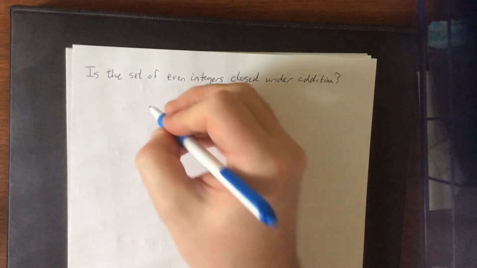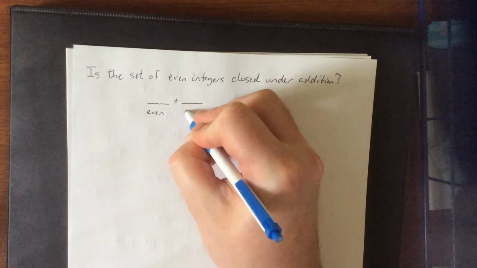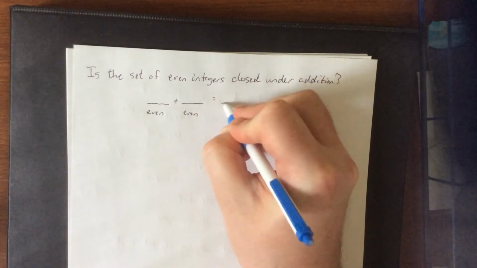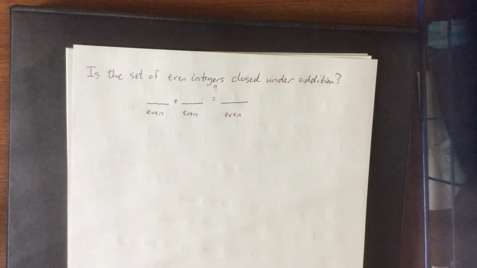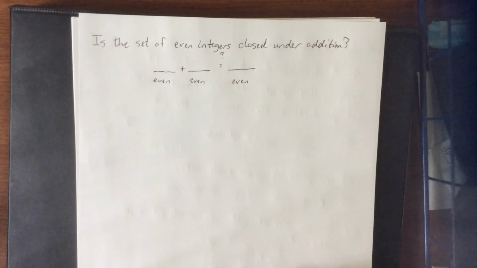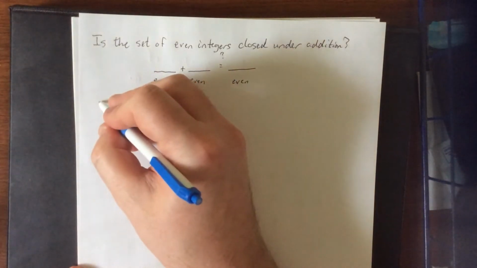So this is posing the question, if I take an even integer plus another even integer, is it always going to be another even integer? I'll let you pause the video if you'd like to contemplate that for just a moment. However, once you unpause, we're going to go ahead and say, yes, it is always true that if you add an even integer to an even integer, you will wind up with an even integer.